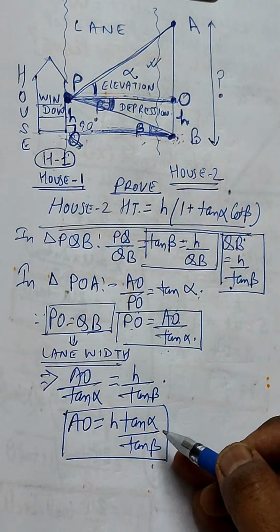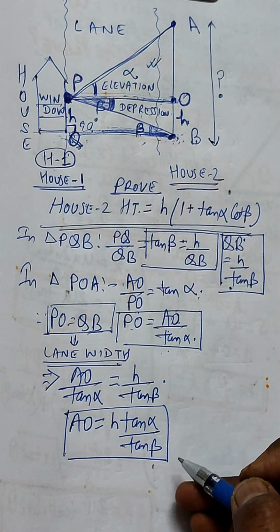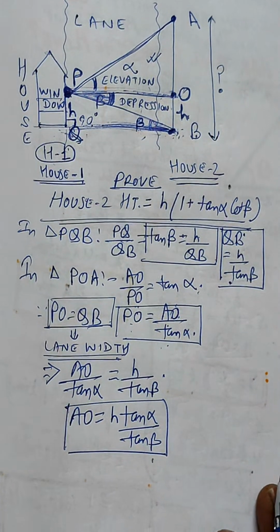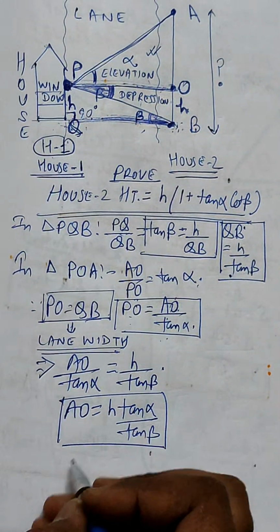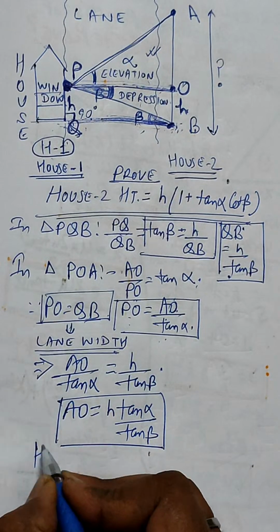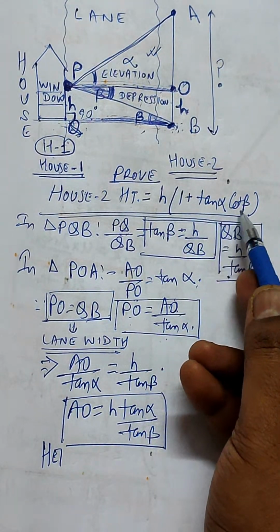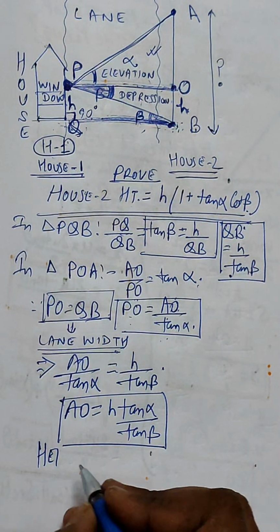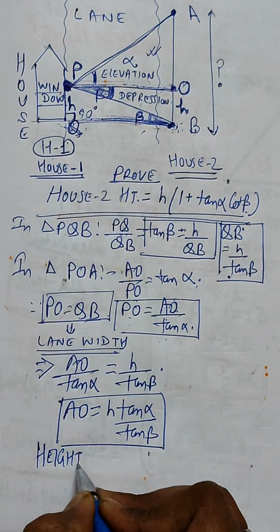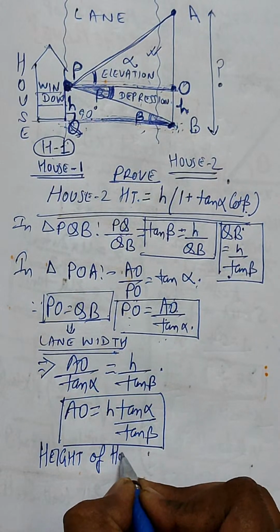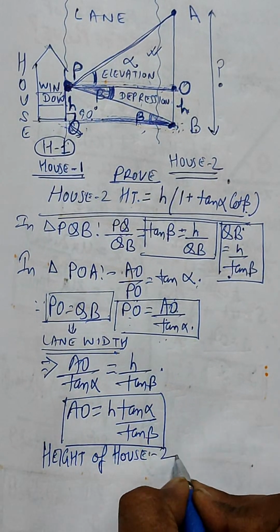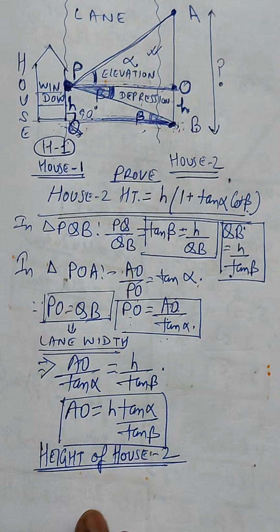Now what will be the height of house 2? We need to prove H times 1 plus tan alpha cot beta. We have almost arrived at our answer.